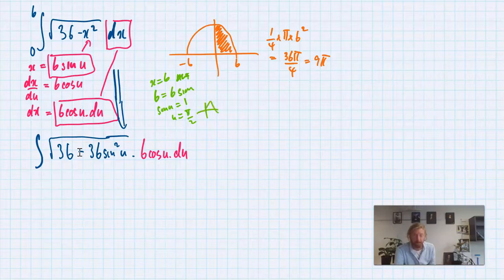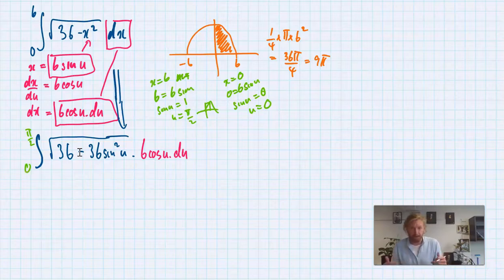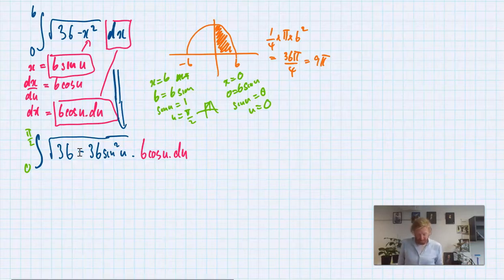So I'm going to put a pi on 2 as my upper bound. On the lower bound, when x equals 0, 0 equals 6 sine u, so sine u equals 0, u equals 0. So that 0 is still there. So I've changed my bounds to suit u. Could leave them for the x's, but as I said before, it's a little bit dodgy.